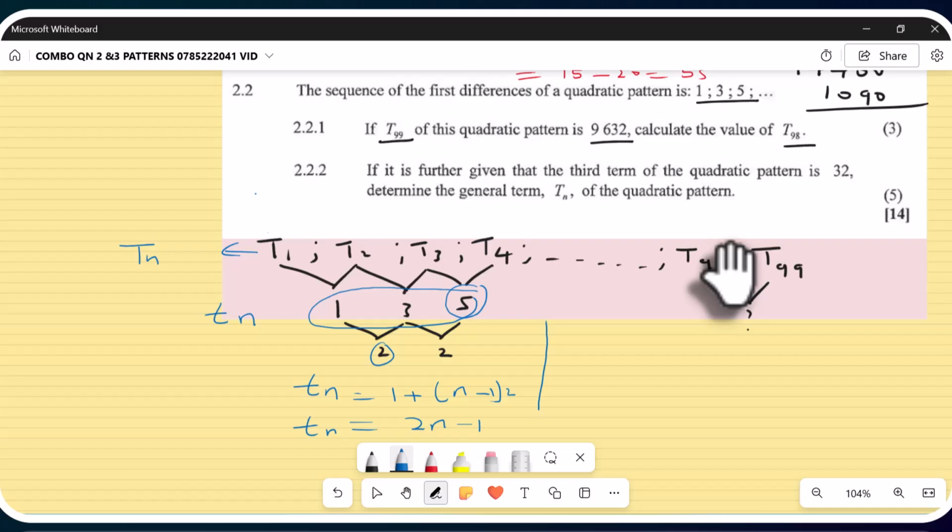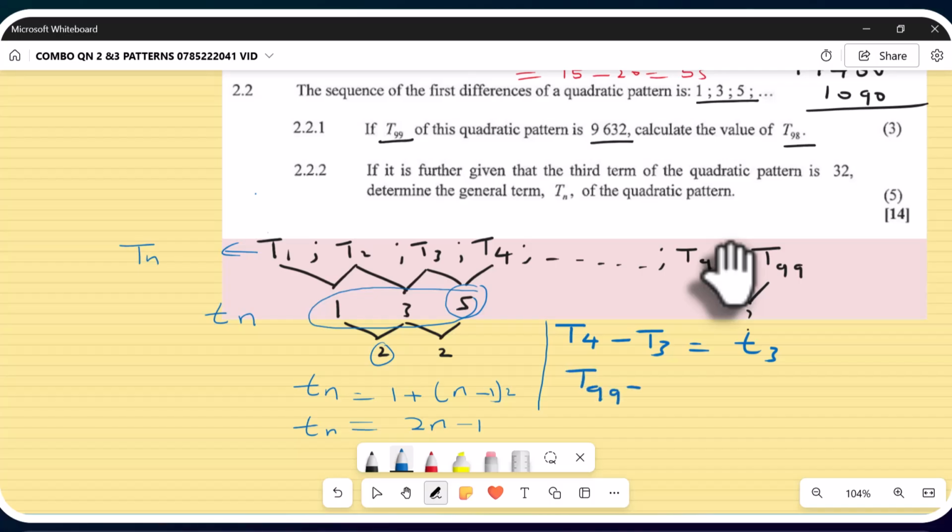But 5 is which? Small t3. Are we together? Now likewise, if we talk about T99 minus T98, it should give me small t98, okay?